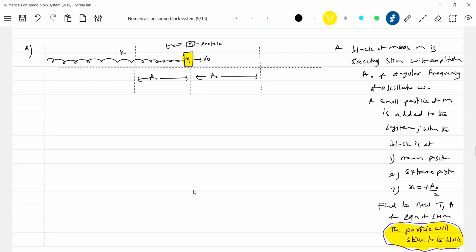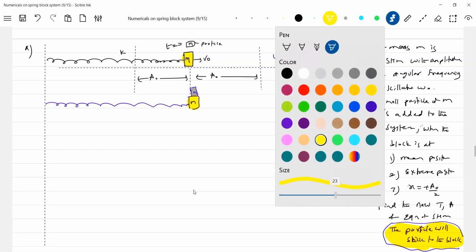So initially, what is the time period? Whatever the initial amplitude is, given A naught. The angular frequency is given by omega naught equal to root k by m. That's all. So after adding mass, tell me what will happen to the overall mass of the system.